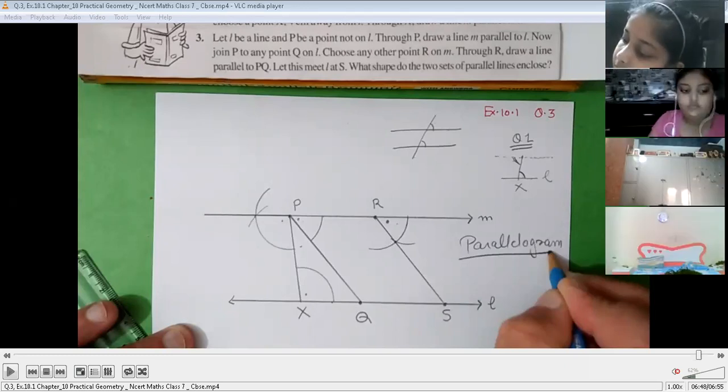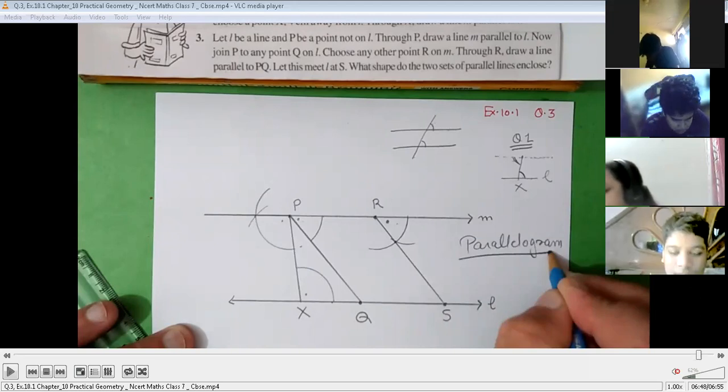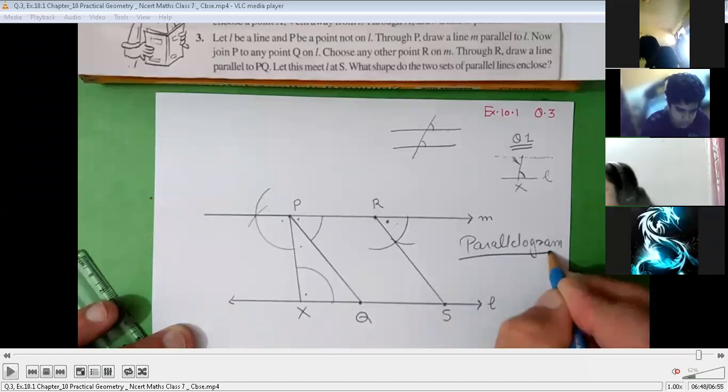Therefore, PQRS is a parallelogram. These are the steps of construction.